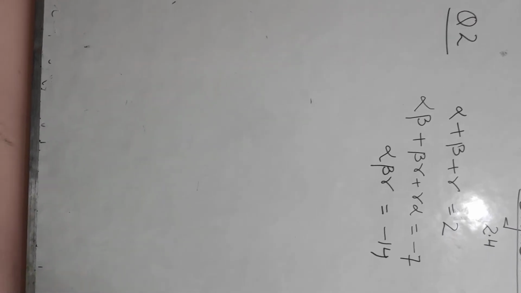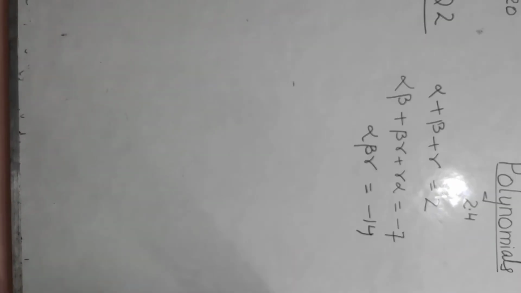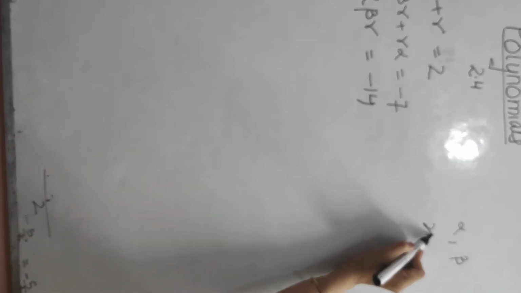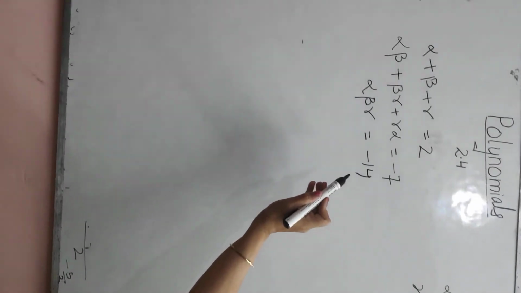See, when we were having a quadratic polynomial, then 2 zeros were given, and there the formula used was x square minus sum of the zeros into x plus product of the zeros. Now here are 3 zeros.